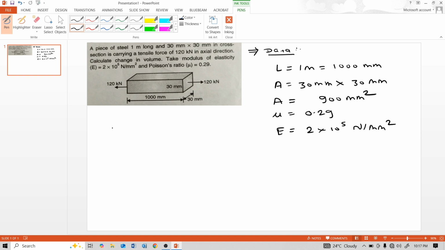We have to calculate the change in volume, denoted as delta V.